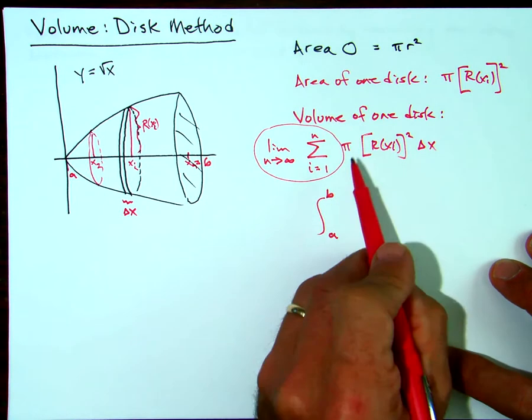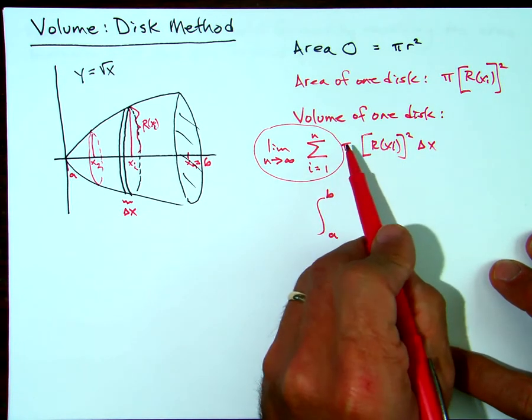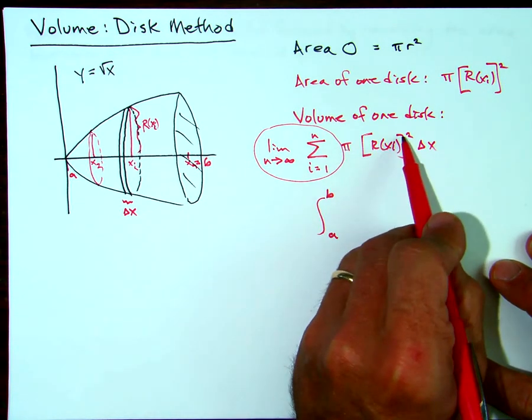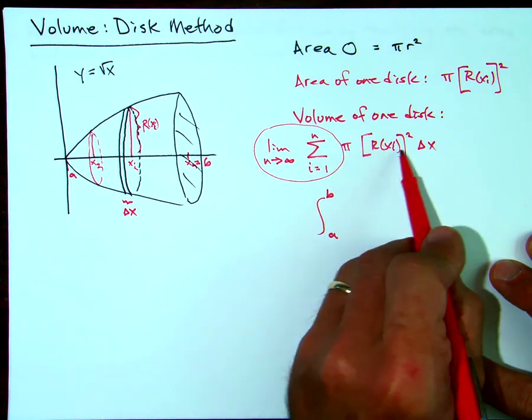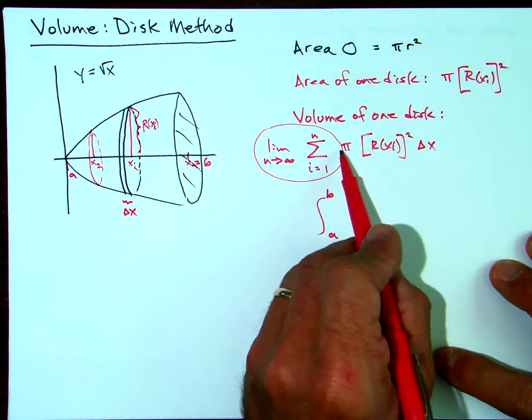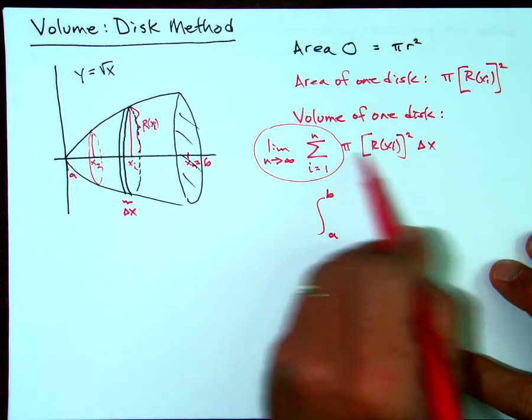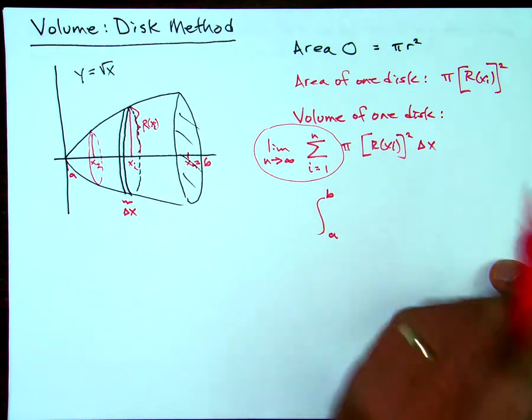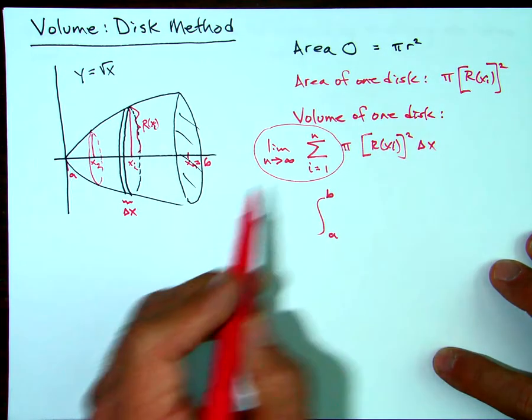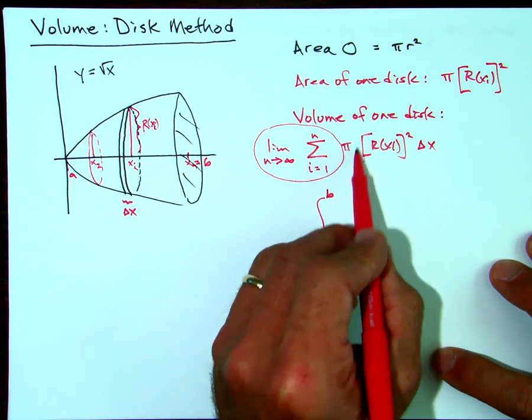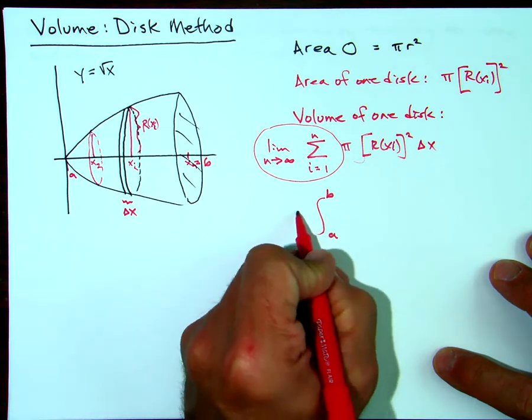And if you think of it, the sum will be pi r of x sub 1 squared delta x plus pi r of x sub 2 squared delta x plus pi r of x sub 3 squared, and so on. Notice pi is a factor of all of those terms, so we can bring it out front. In other words, we can bring it outside the summation, which means we can bring it outside the integral.